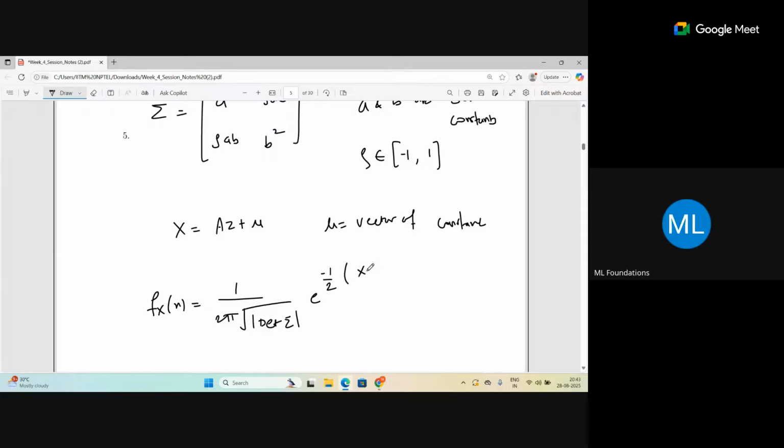Here the change will be this one: x minus mu transpose sigma inverse x minus mu. So that will be your joint density in this case.